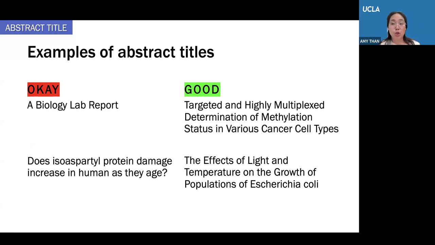I know in research journals, there are some that are a little bit more playful, like the first one where it says, does a specific protein damage increase in humans as they age? That's a great title, but maybe not for an abstract where you're trying to convey what you did in a project and some of your findings. So for example, it would probably be better to have a title something like the effects of light and temperature on the growth of certain bacteria.